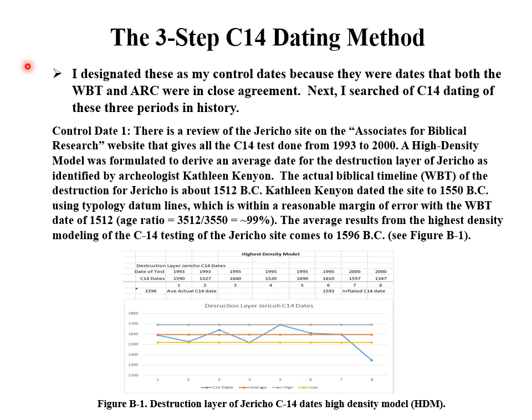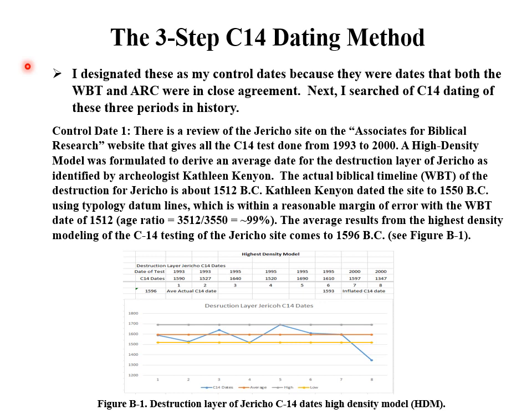That's what they call high density modeling. So the actual Wallen biblical timeline of the destruction of Jericho is about 1512 BC. Kathleen Kenyon dated the site at 1550 BC using typology datum lines, which is within a reasonable margin of error with the Wallen biblical timeline date of 1512. Average ratio looks like it's within 99%.